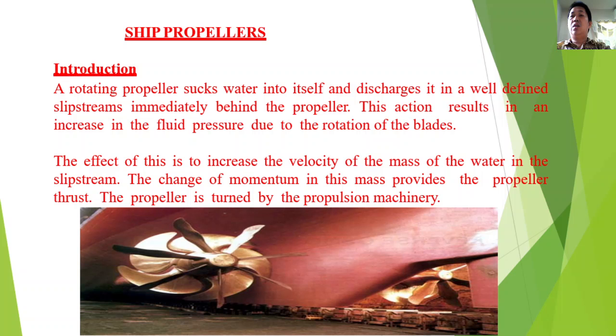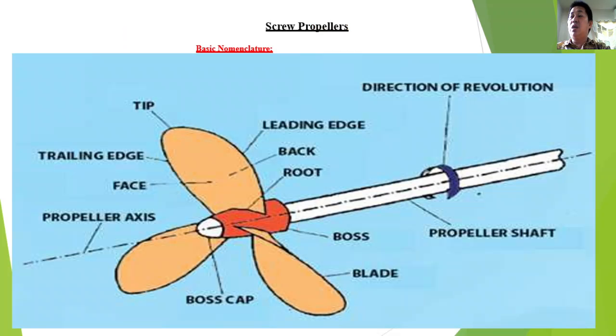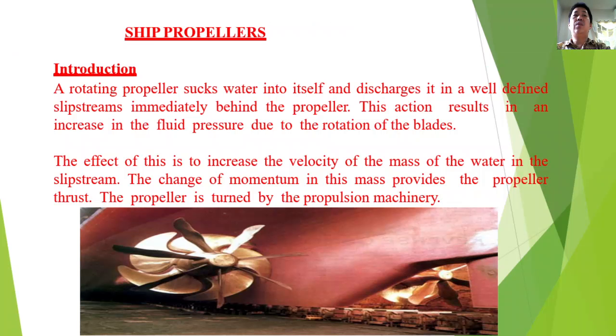You are familiar with the electric fan. The fan of the electric fan will suck air at the back and discharge it forward. That's why you can feel a pressure of air from the electric fan. The air will be cold and discharged towards you.